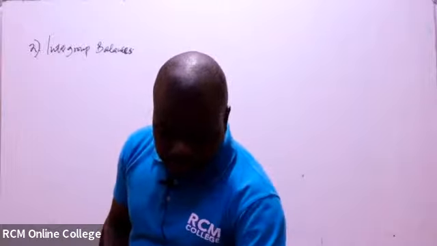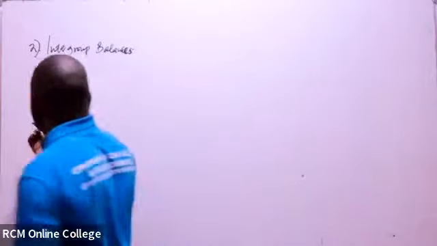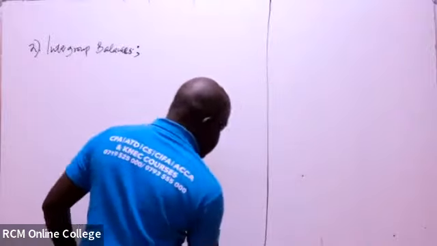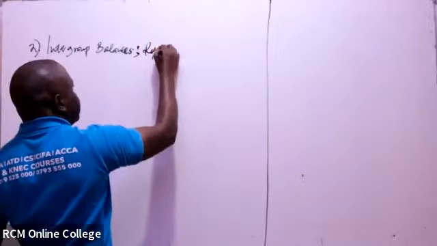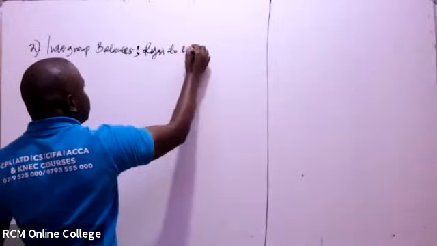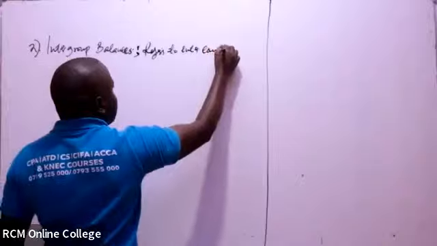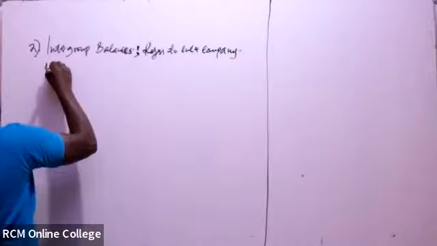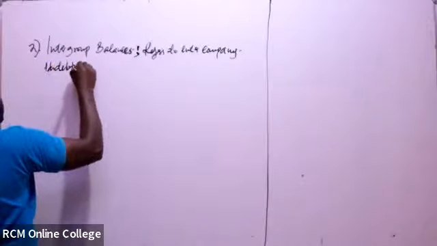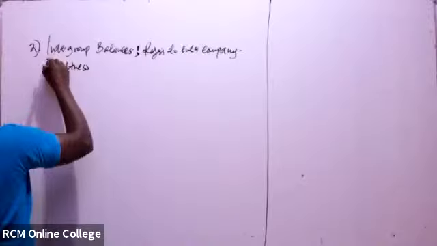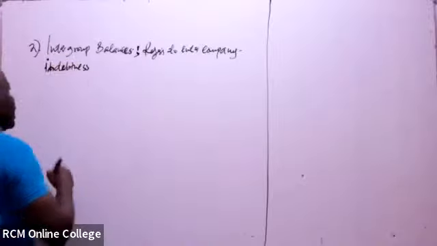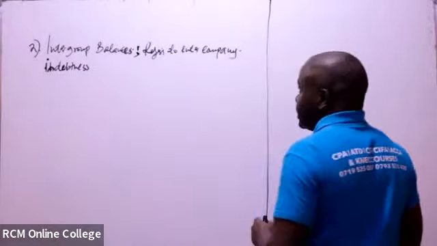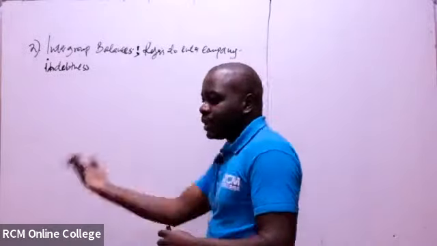This refers to intercompany indebtedness. It is where one of the companies is a debtor to the other by virtue of the fact that one of the companies supplied goods to the other on credit.